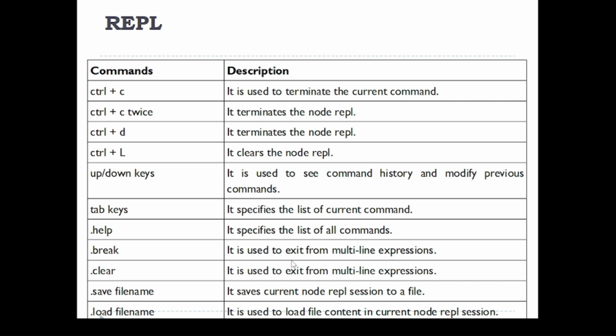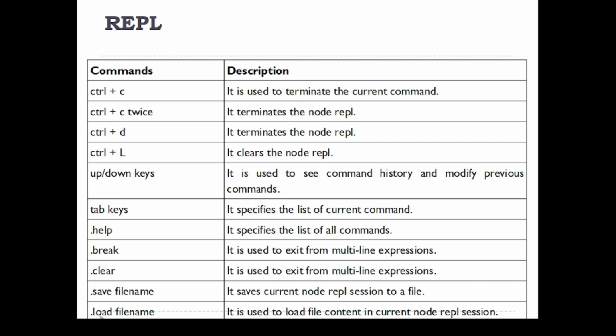.break is used to exit from multi-line expressions. You also have .clear, which will also help you exit from a multi-line expression. Then next is .save followed by a file name. Whatever expressions you have written or calculations you did in the node REPL, you will be able to save in a file.